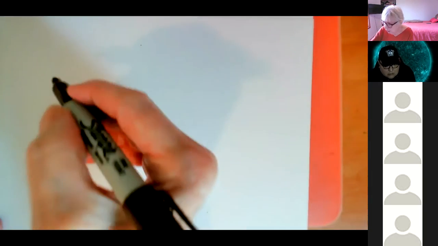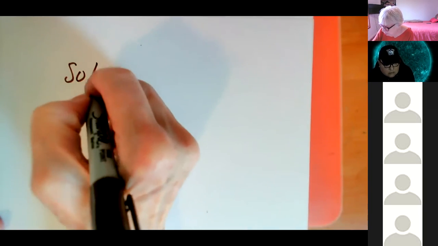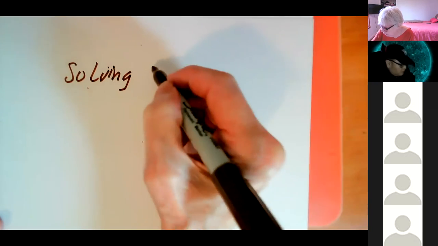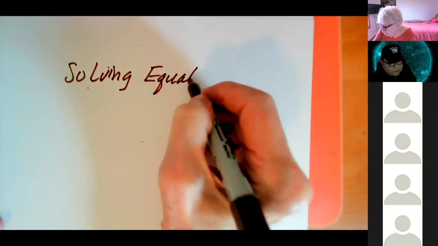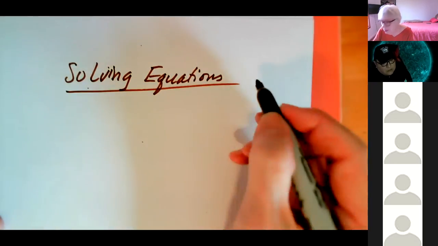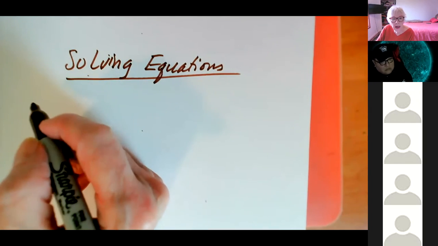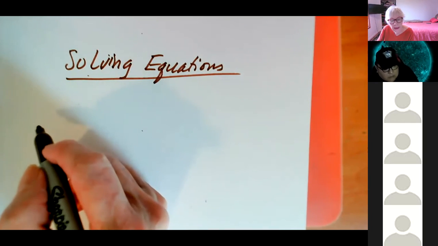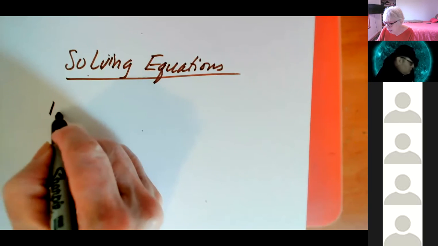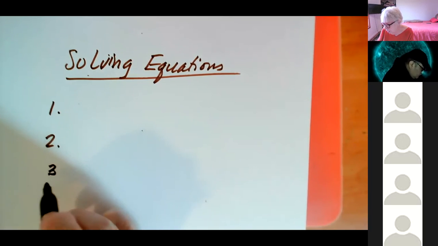I'm going to make you a list. Solving equations. And this is my own list. The book has something similar to it, but it's 4 steps. The order that you do them makes your life easy or not so easy.